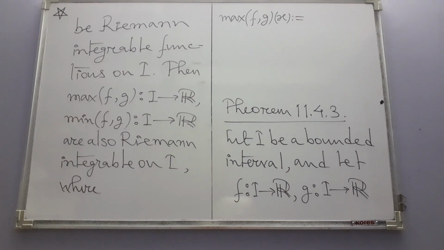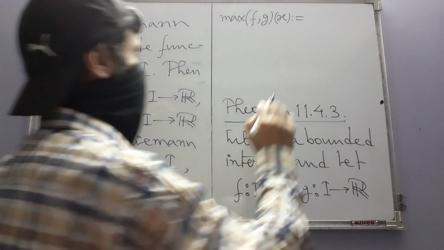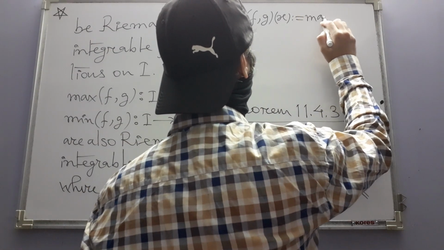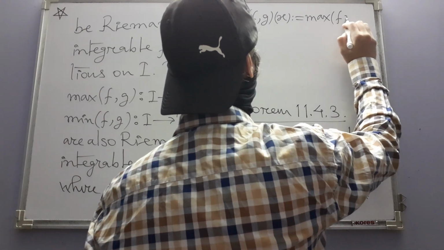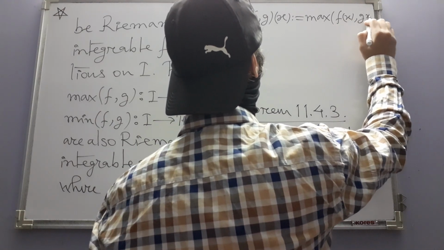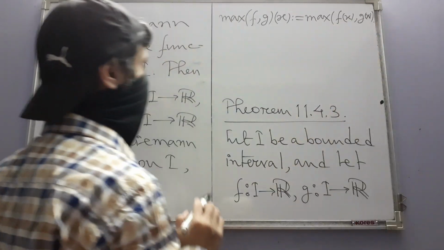The definition of max of f and g is nothing but the maximum of the f value and g value.